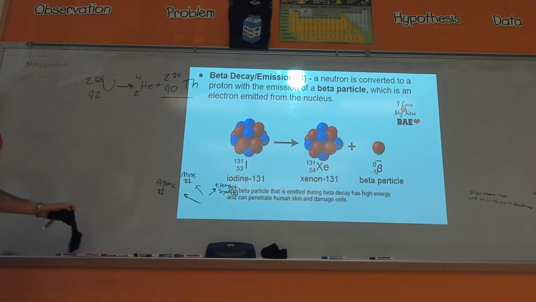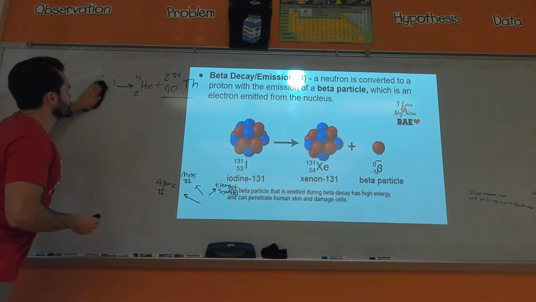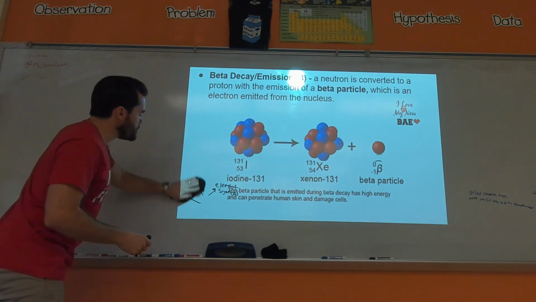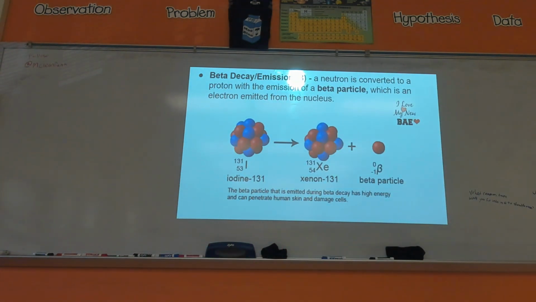Okay, second kind of decay I need you to know, beta decay. So in beta decay, also called beta emission, you are going to release what's called a beta particle. Now a beta particle is a high energy electron.